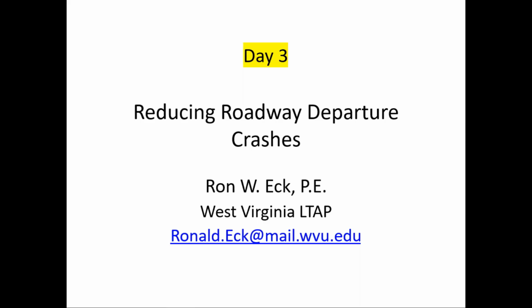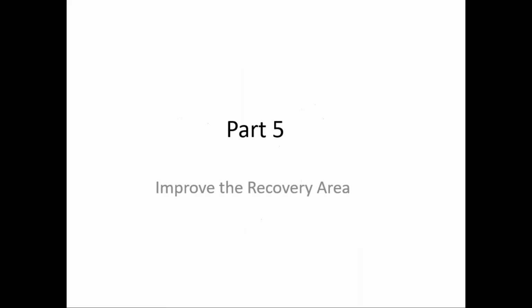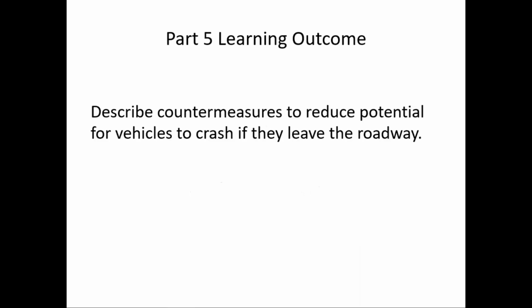So today we're going to move on to part 5, which is improving the recovery area, meaning once vehicles leave the roadway, how can we reduce the likelihood that they'll overturn or strike a fixed object. And we'll also get into part 6, which relates to reducing the severity of the crash that does occur.